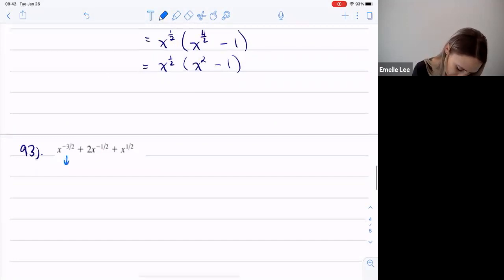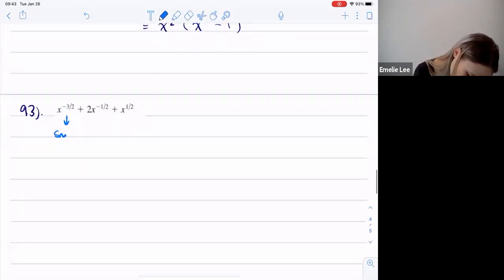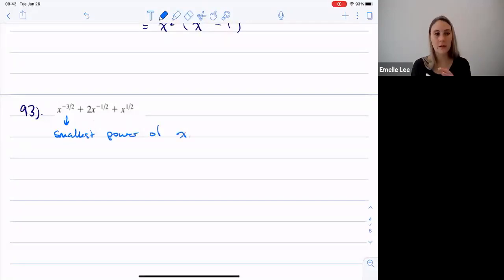So this is my smallest power of x. So that's what I need to extract from each of these powers, right? Rewriting the powers or the exponents as something related to -3/2.